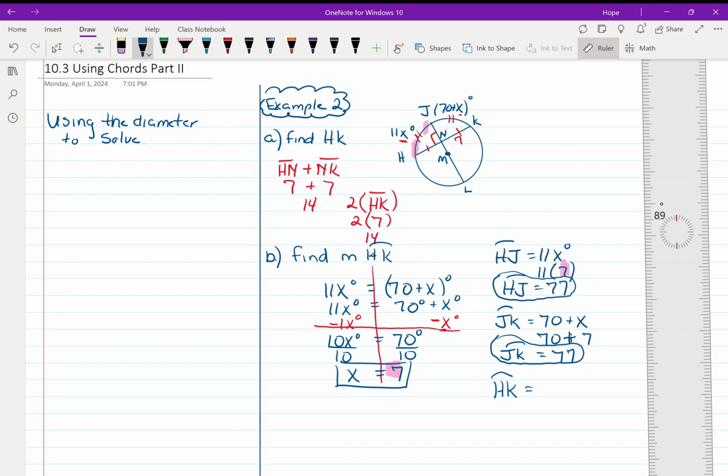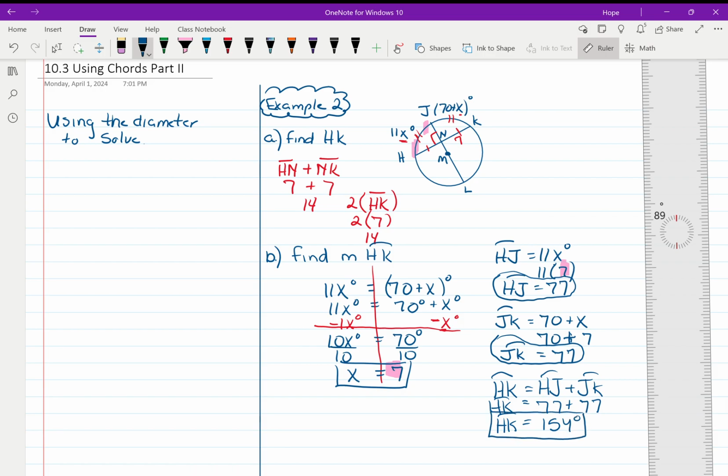So I've got hj, my arc, plus my jk arc. When I add 77 plus 77, I get my arc hk, 154 degrees.